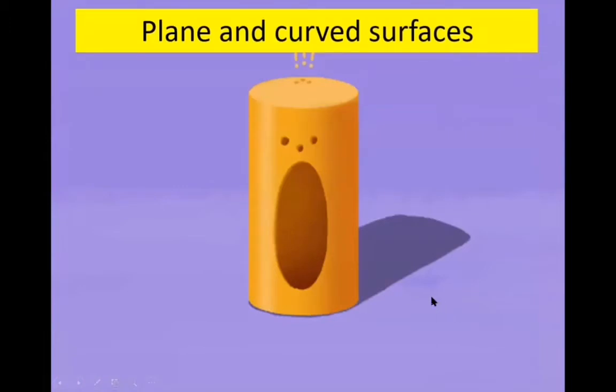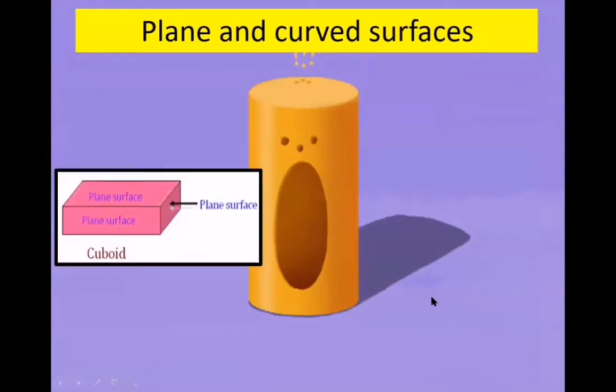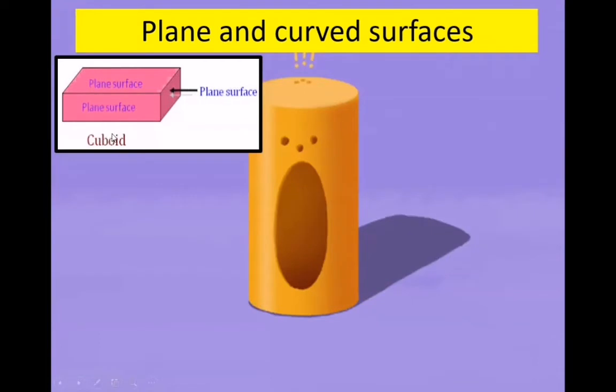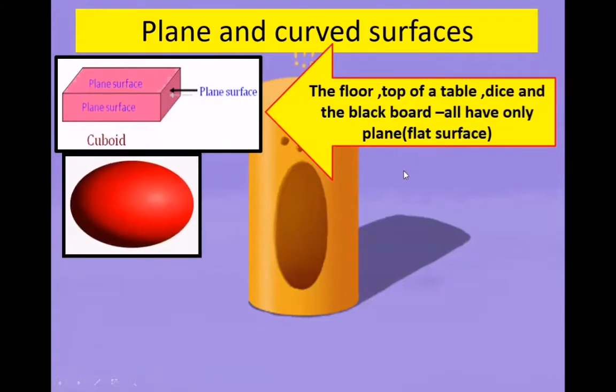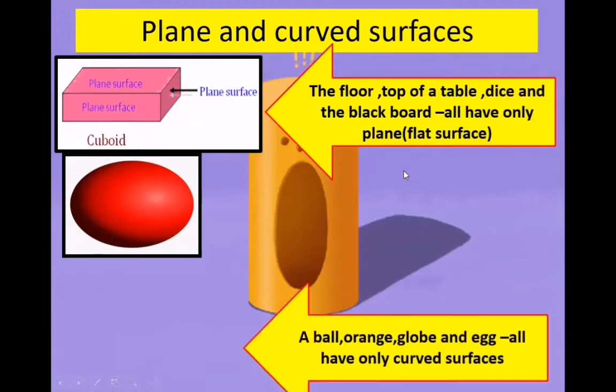Plane and curved surfaces. Now this is a cuboid showing the plane surface. The floor, top of a table, dais, and the blackboard all have only plane or flat surfaces. Next is oval.